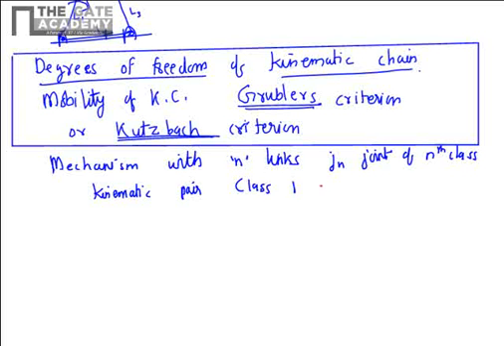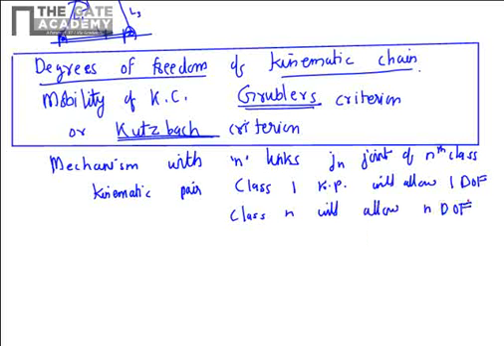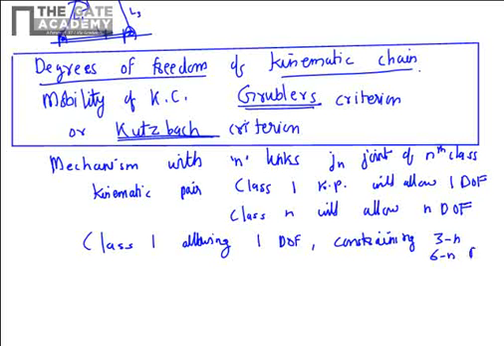So a class 1 kinematic pair or joint will allow 1 degree of freedom. A class n will allow n degree of freedom. So if a class 1 is allowing 1 DOF, then it is constraining 3 minus n or 6 minus n DOF, depending on whether you are in 2D or 3D.